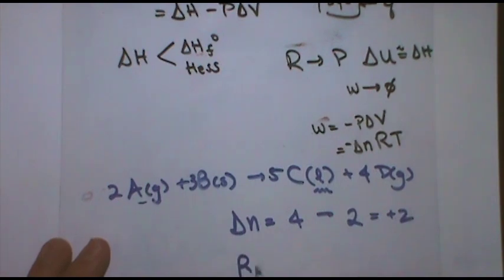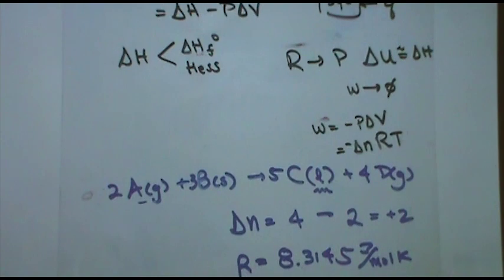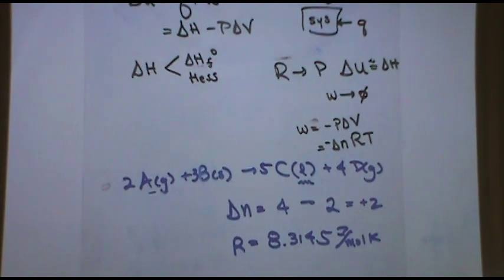By the way, let's just get this down. R would be what number? Yeah, this number, because you want it in joules, because energy terms, or thermodynamic terms, are typically in joules. And then the temperature would be in kelvins, whatever temperature is given.